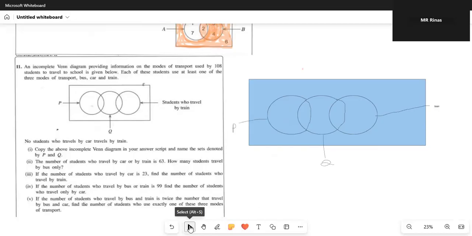Okay, then they told you there are 108 students.